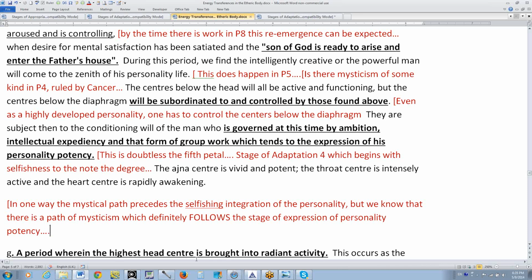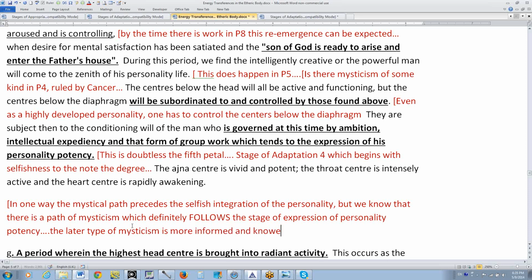Mysticism before the integration of the personality, and a kind of mysticism after the expression of the personality. The later type of mysticism is more informed and knowledgeable. And it precedes learning.